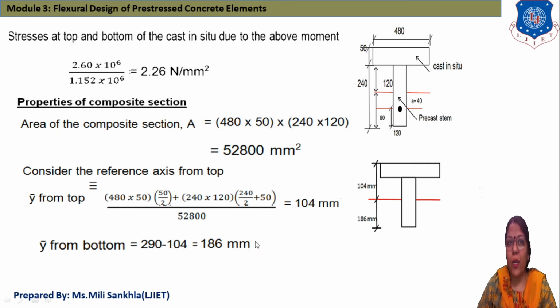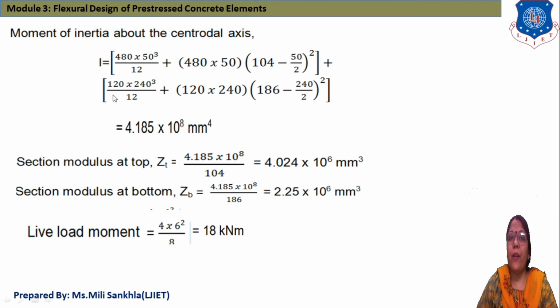Clear? Now we find the moment of inertia according to the parallel axis theorem, Ig plus A h square. Here two portions are given, flange and web. Ig, that means BD cube by 12, then A h square, with 104 as our top YT, and 50 by 2 for h.